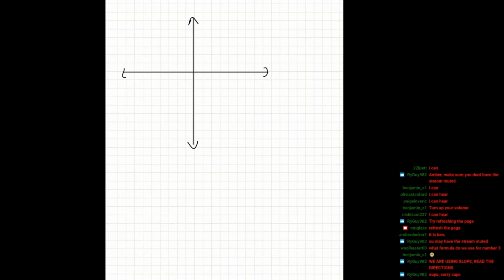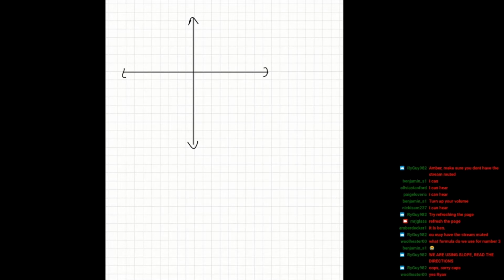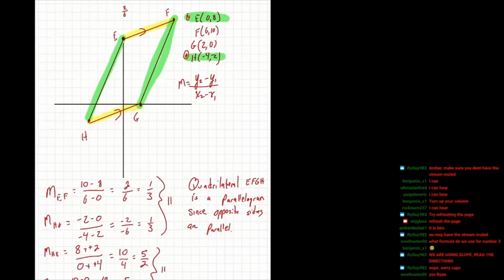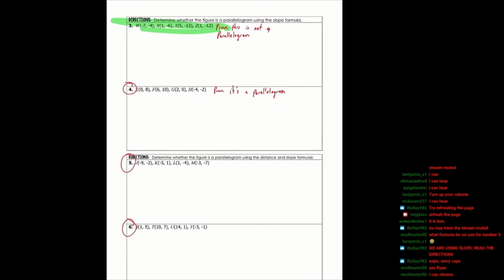Because in the future, you're always going to have that option to use whatever formula you want. Based on what we discussed yesterday, I will be using slope myself because I think slope is easier. You could always use your rise over run after you graph it. I think there's a lot of benefits to using slope over distance. But again, that is your choice. If you're someone who likes distance, go for it.